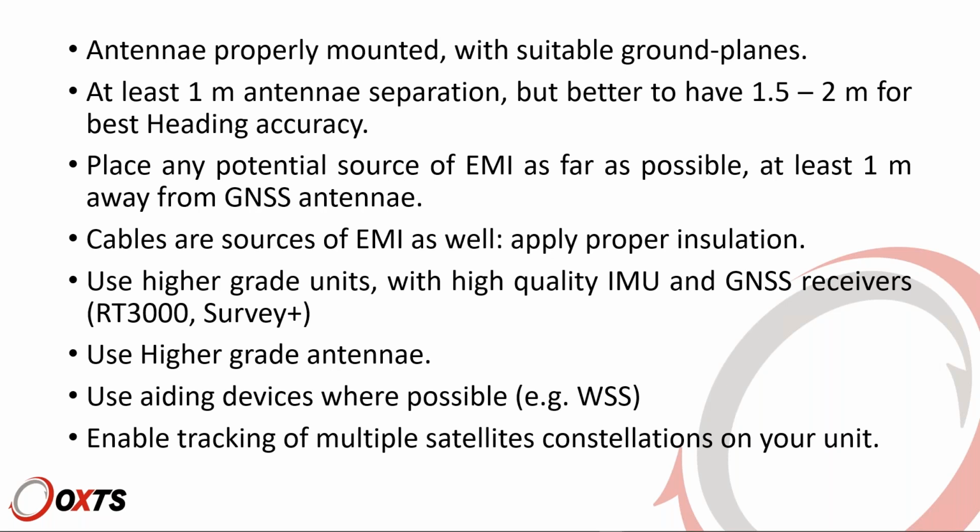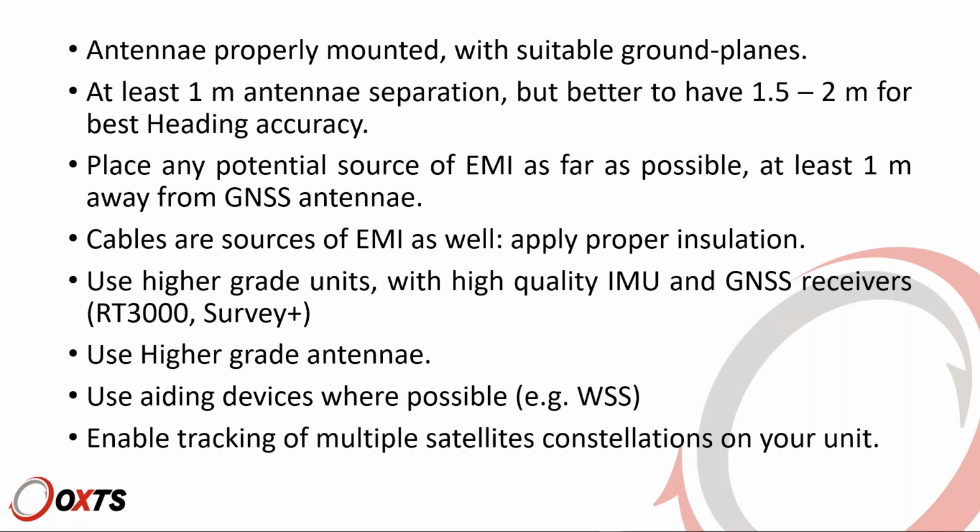You might get away with a shorter distance depending on how strong a source of EMI that device is. So 1 meter is a rule of thumb. You should be safe with 1 meter. Mind cables, if they are not properly insulated, they can be a source of EMI. So route them away from the GNSS antenna.